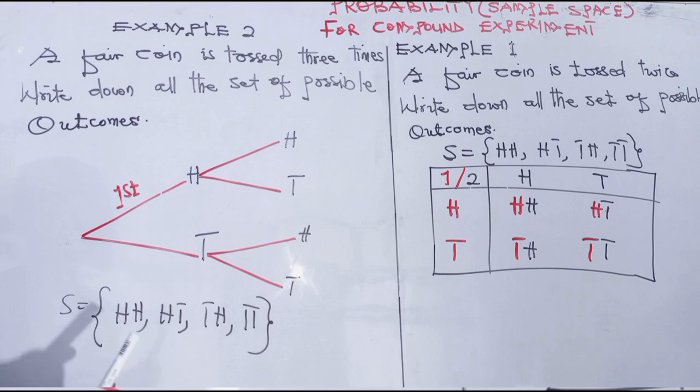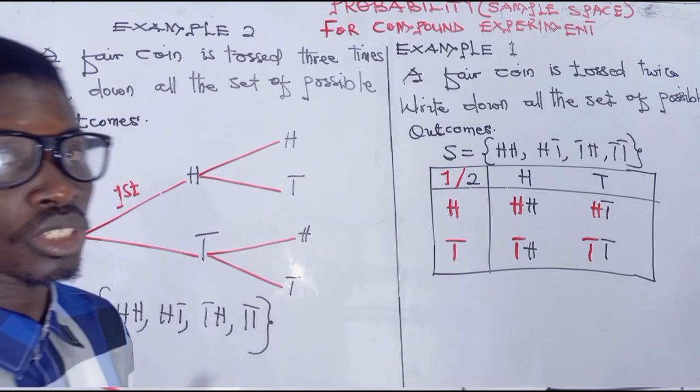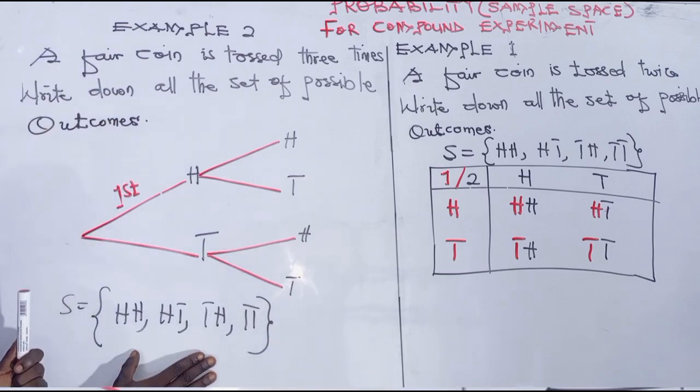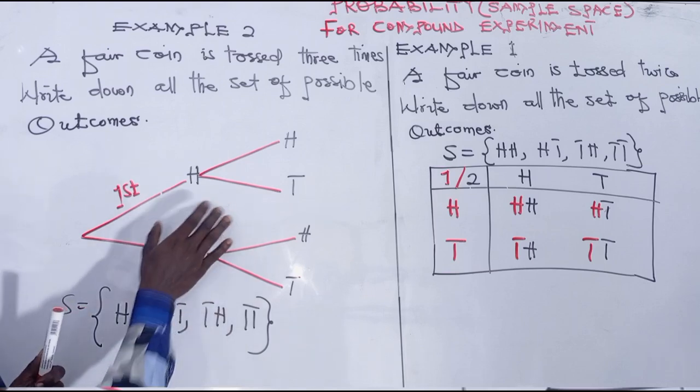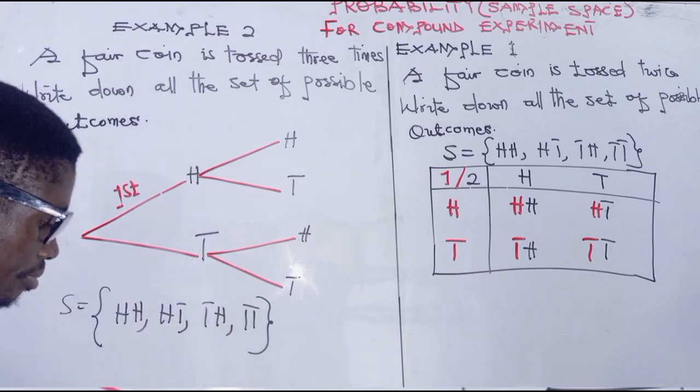So it means that we can either use the table or the tree diagram to list the sample space for a coin being tossed twice. So this is the sample space for a coin being tossed twice using the tree diagram.